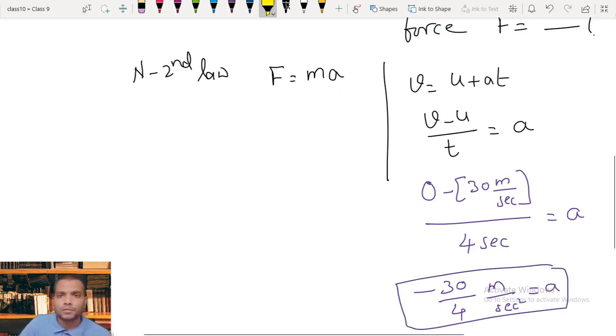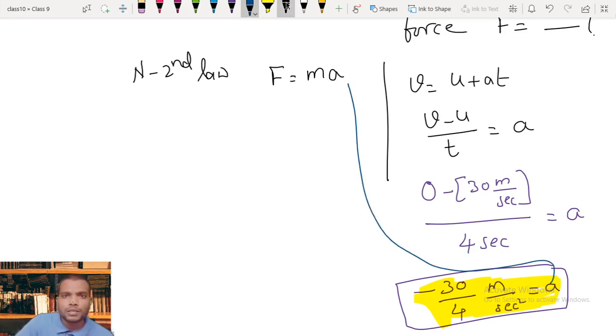I am not simplifying it here, I will substitute everything in the force and simplify then. Therefore we substitute the acceleration a in F equal to ma.